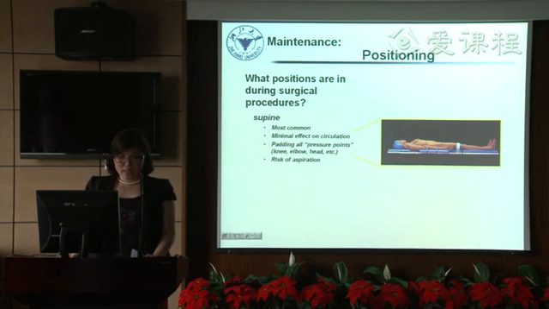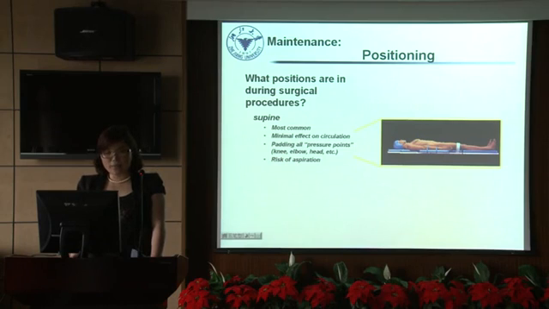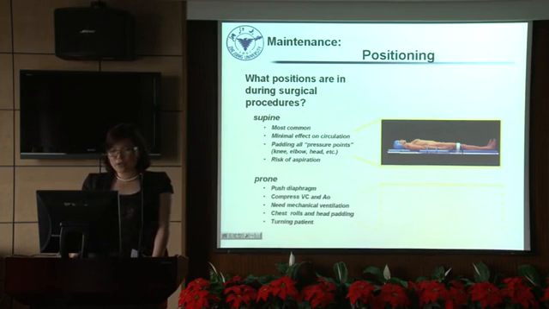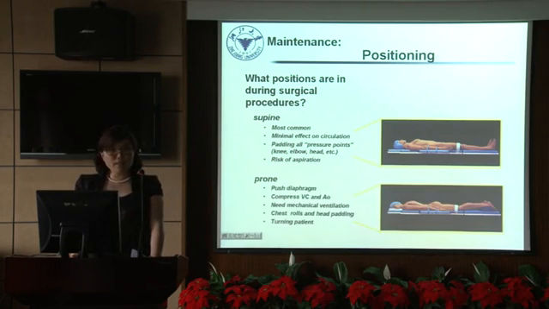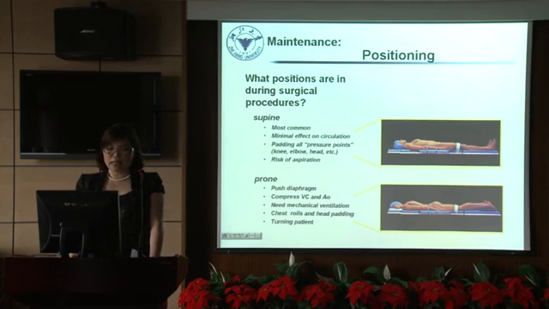What kinds of positions are used during surgical procedures? One is supine. This is the most common position. It has minimal effect on circulation, but we should pad all pressure points, for example knee, elbow, head, etc. It also carries some risk of aspiration.